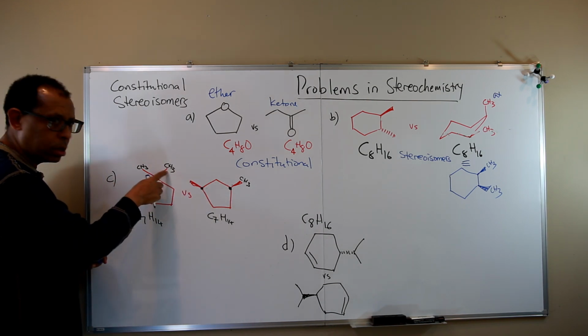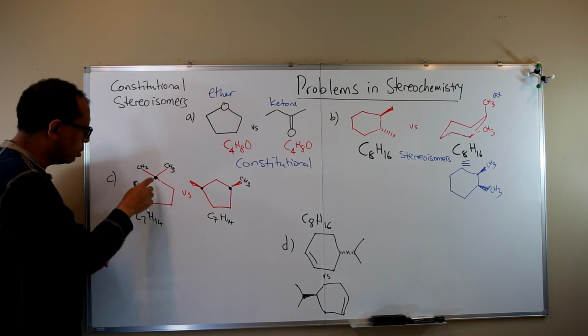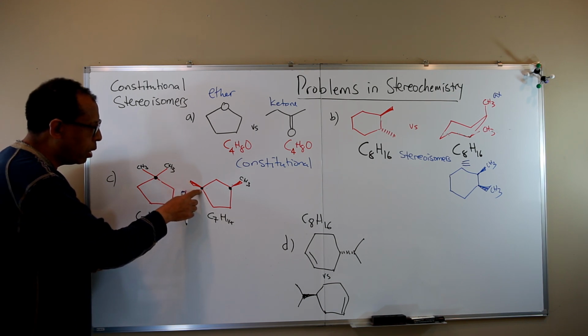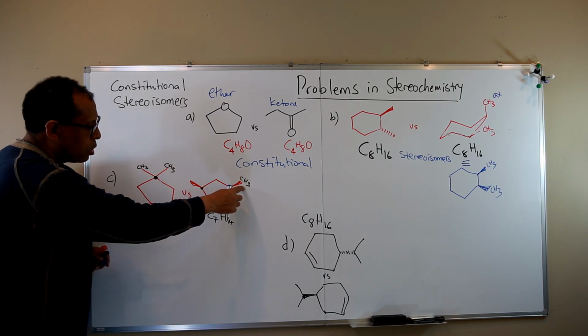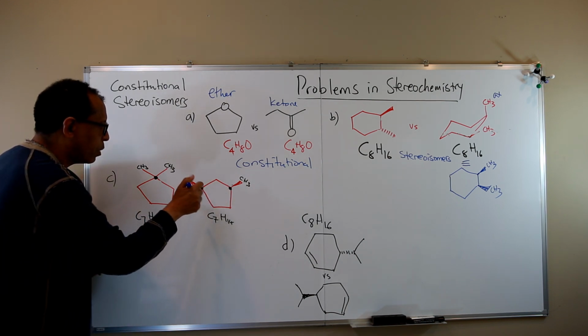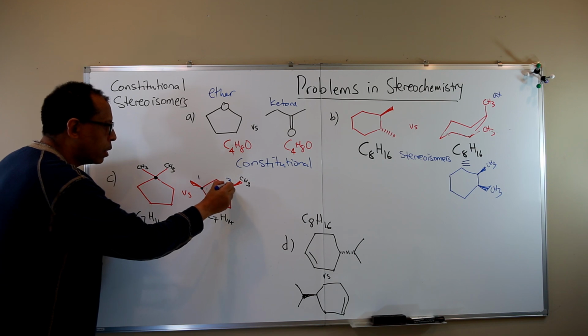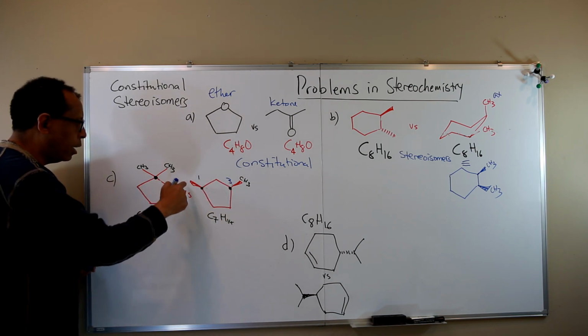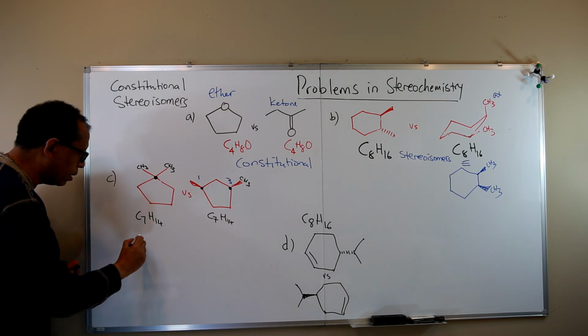Here the 2 methyl groups are substituted on the same carbon. Here the bonding is 1 methyl group is attached to carbon 1, the other CH3 is attached to carbon 3. So this is a 1,3 dimethyl, but this is a 1,1 dimethyl. So the naming even is different.